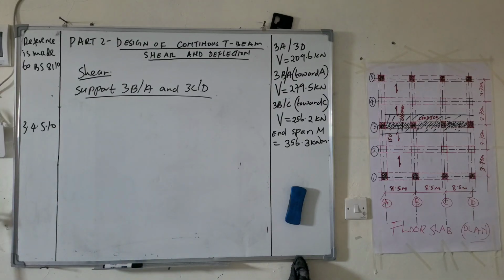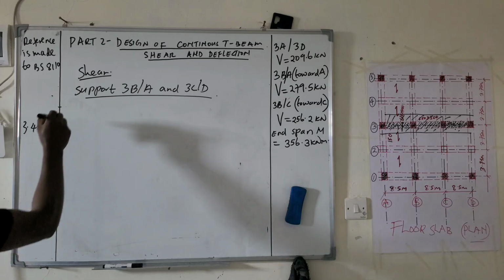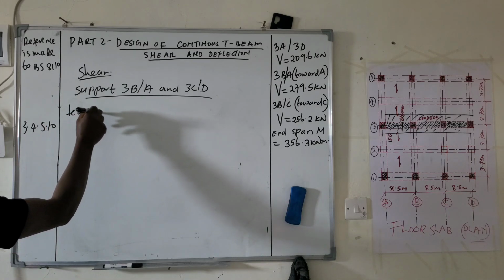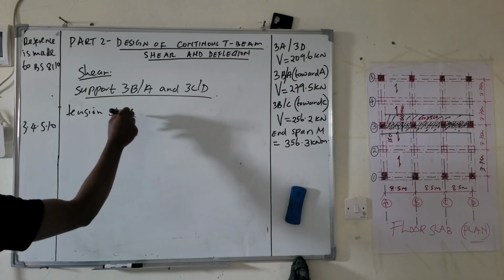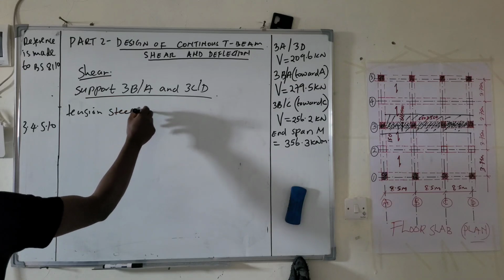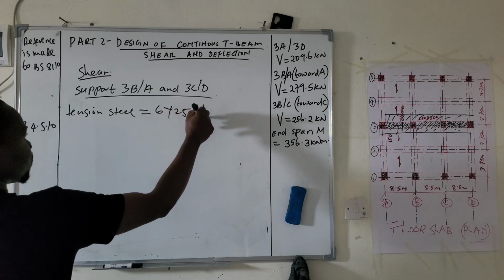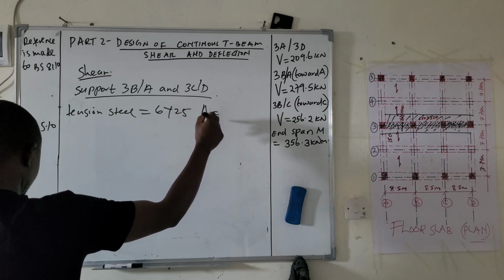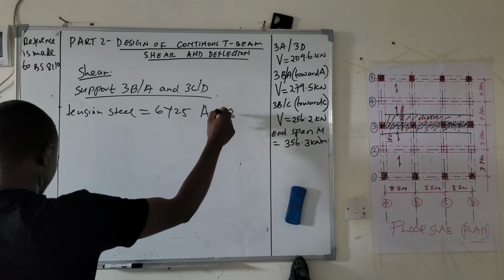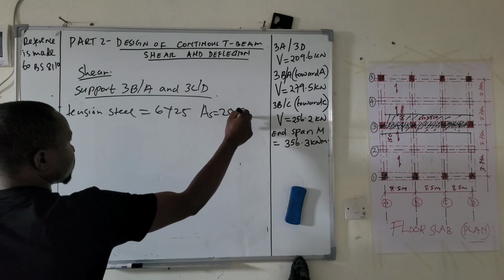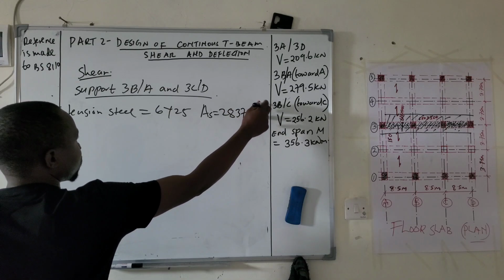Now, the tension steel is equal to 6Y25, then the area of steel is equal to 2837 millimeter square.